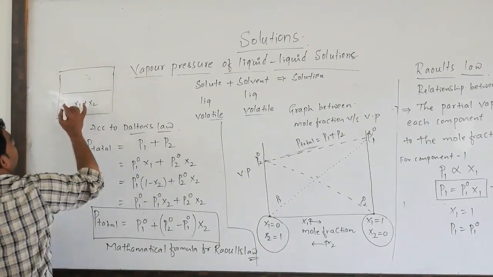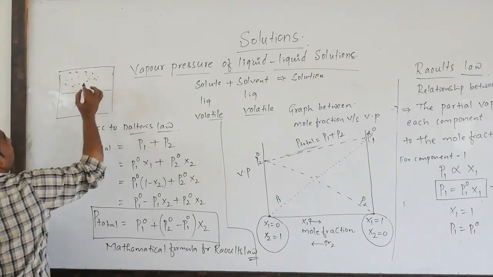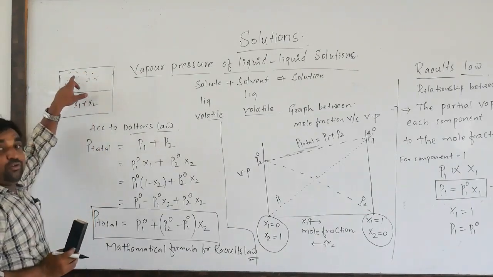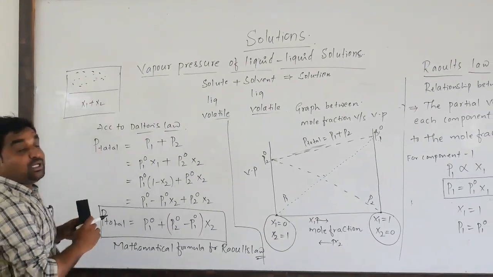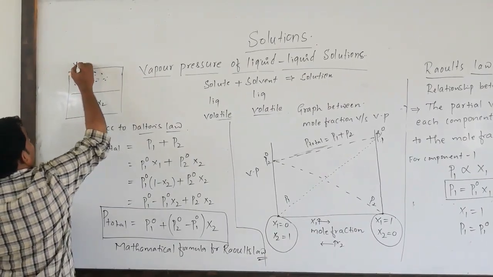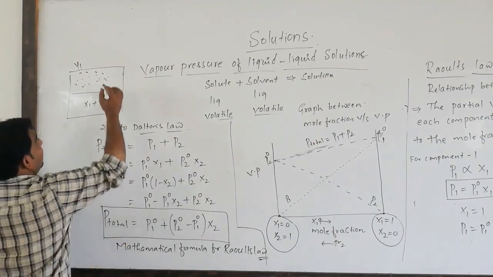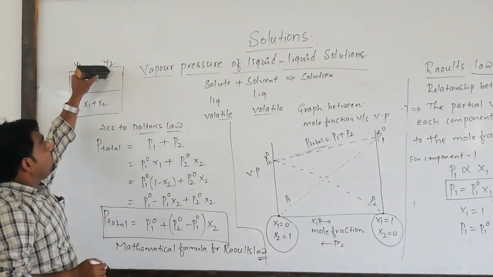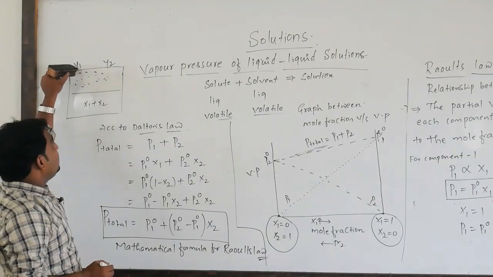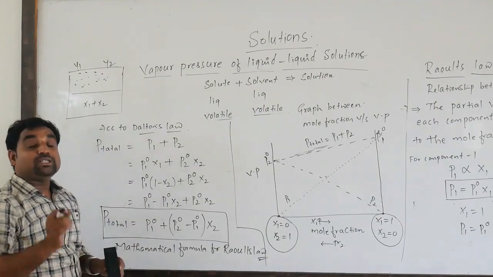When these liquids evaporate to form vapor, the mole fractions in the vapor phase are denoted by y1 for the first component and y2 for the second component. So y1 and y2 are the mole fractions of components in the vapor phase.